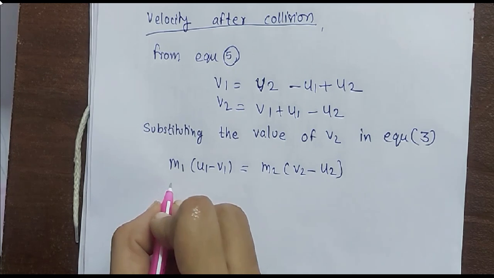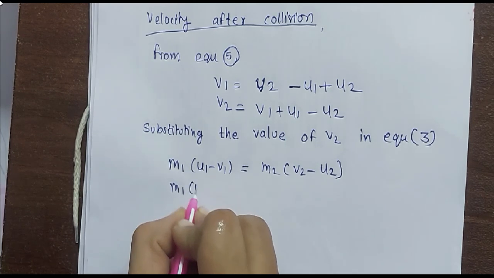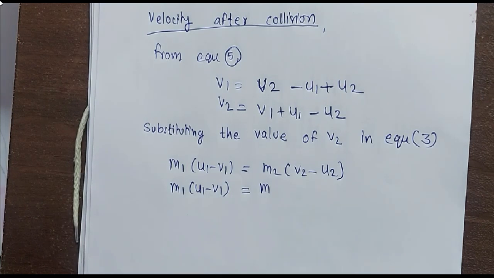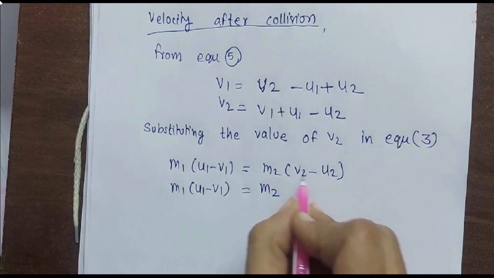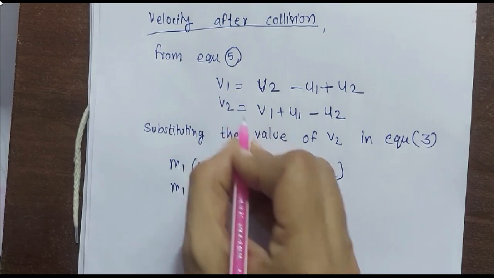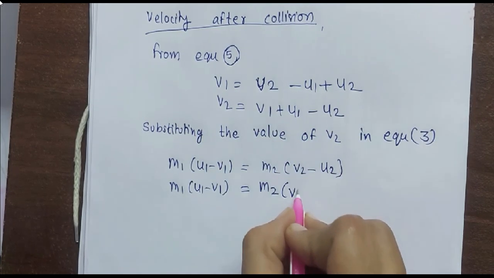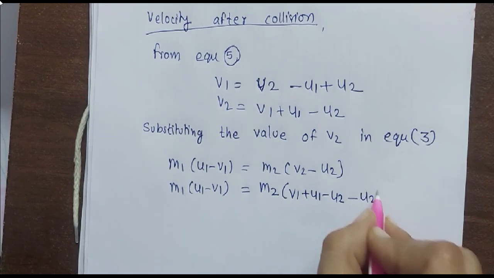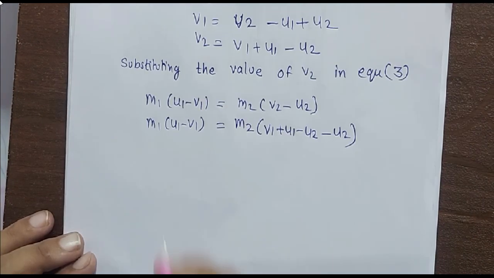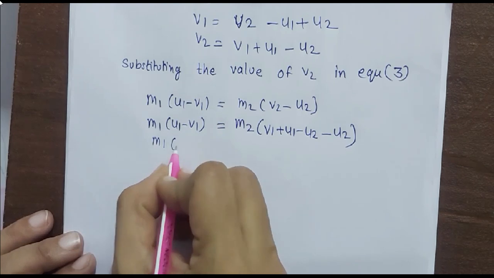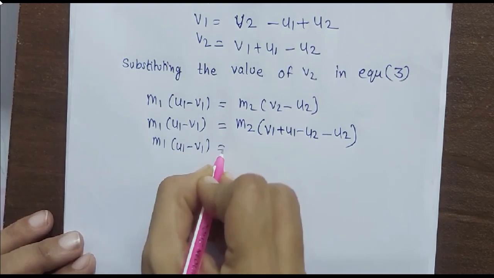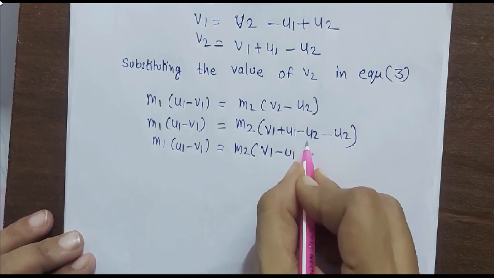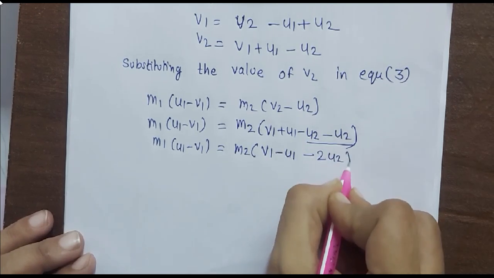This can be written as m1 times u1 minus v1. In place of v2, since we are determining v1, we will substitute this value: m2 times v1 plus u1 minus u2 minus u2. So m1 u1 minus v1 is equal to m2 times v1 plus u1 minus 2 u2.